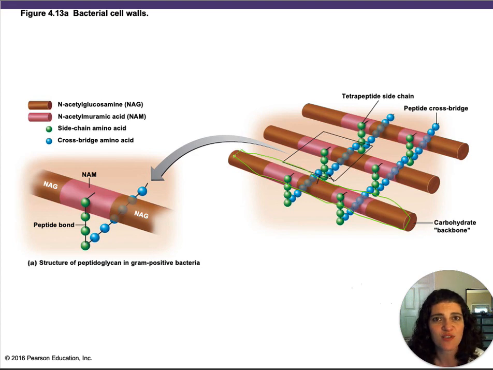It looks like a piece of candy cane, right? And it's sugar. So all these bars of candy cane are connected together by peptides, by pieces of proteins, you see? So this makes a big mesh of pieces of protein, peptides, and sugar. And that's peptidoglycan. And that's what makes the cell wall of the bacteria.